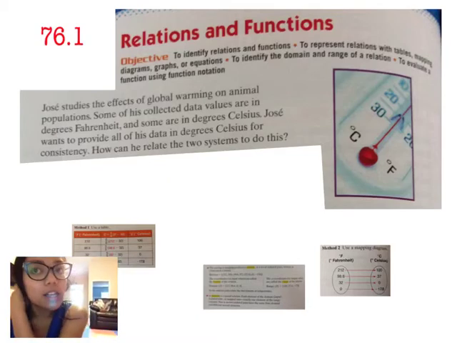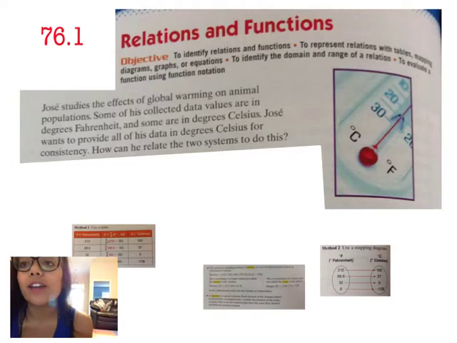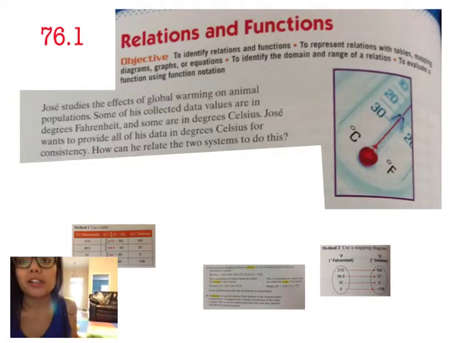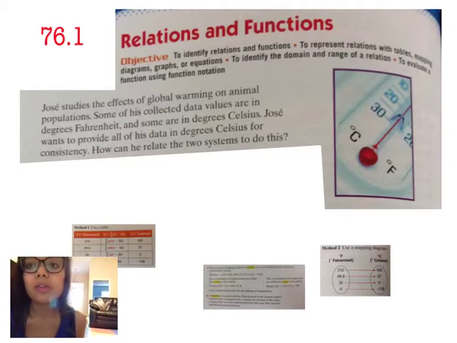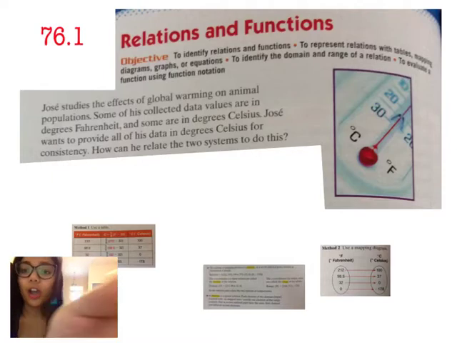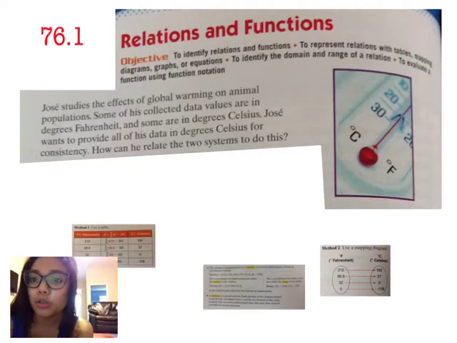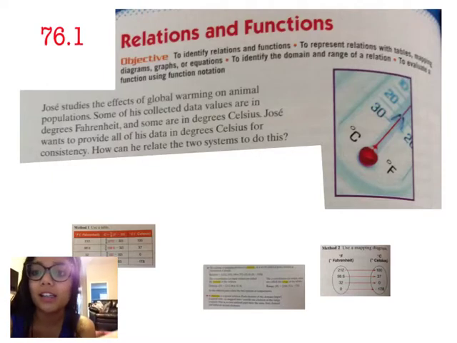So, Jose studies the effects of global warming on an animal population. Some of his collected data values are in degrees Fahrenheit and some are in degrees Celsius. Jose wants to provide all of his data in degrees Celsius for consistency. How can he relate the two systems to do this? I'm sure y'all noticed there are these little 3 pictures that you probably are trying to read and can't.